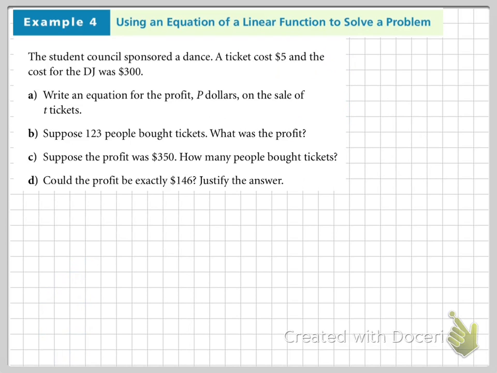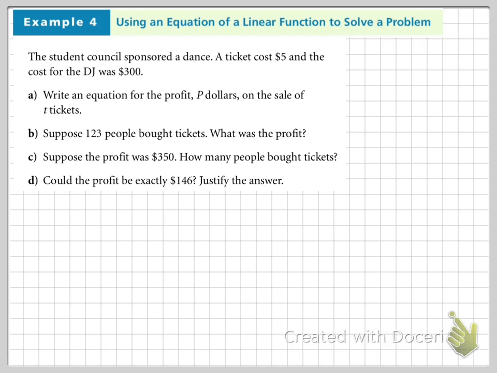Moving on to number 4. Using an equation of a linear function to solve a problem. This time we have to come up with our own equation of a line. Student Council sponsored a dance. Tickets cost $5, and the cost for the DJ was $300. Write an equation for the profit, P dollars, on the sale of T tickets.